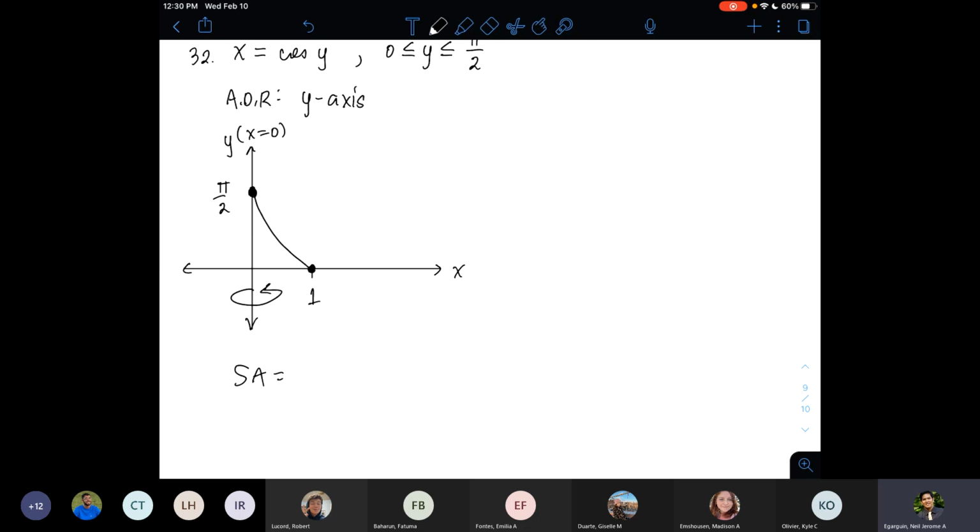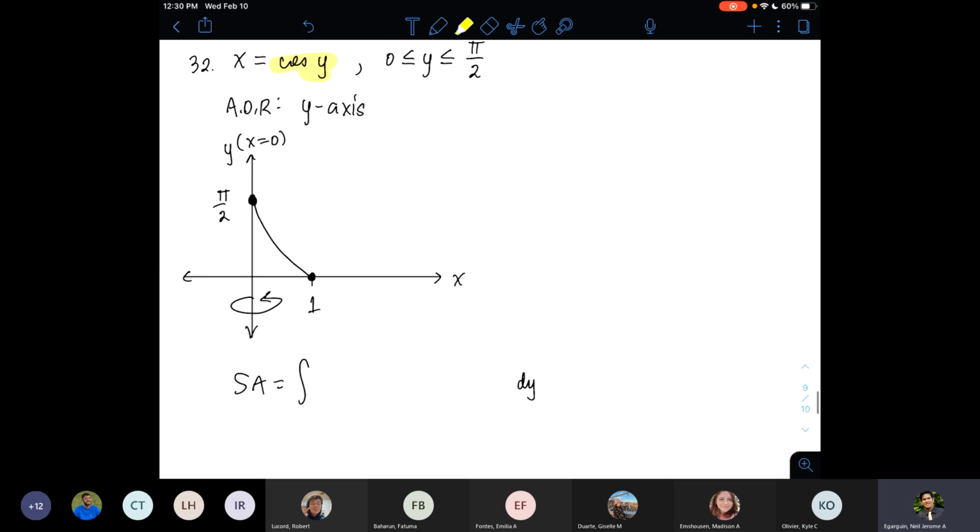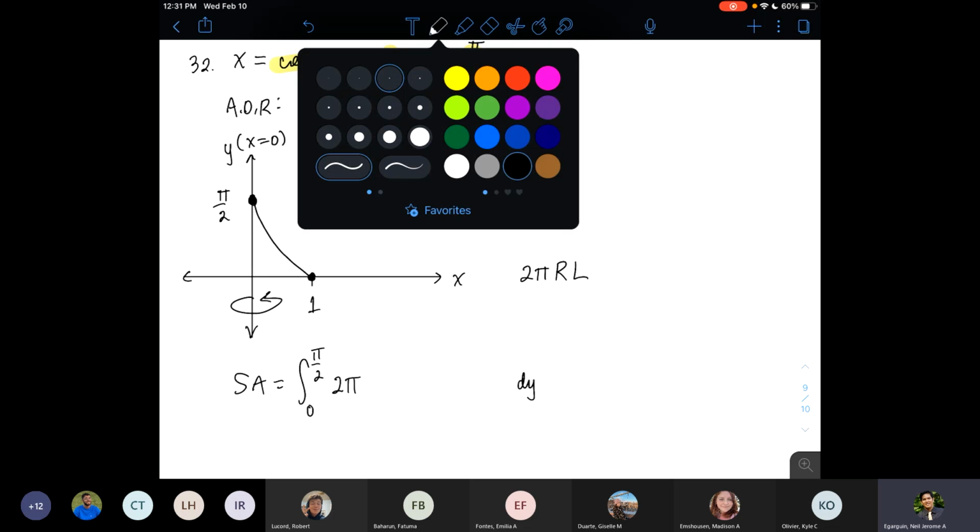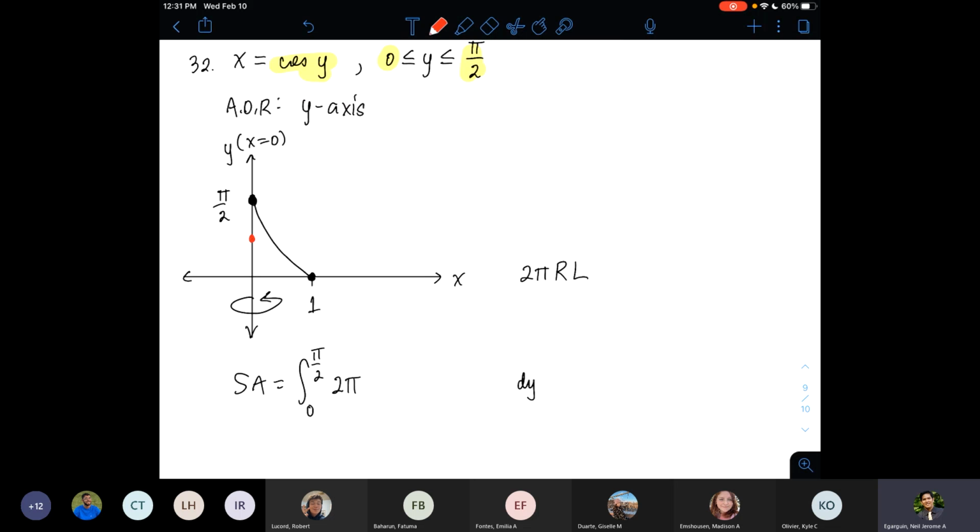So the surface area is an integral, and again, let's take advantage of the fact that the curve is given in terms of the variable y. So here, let's integrate with respect to y. So we need bounds for y, but we already knew that y starts from 0 and ends at pi over 2. Okay. And surface areas always come with a 2 pi. Remember, 2 pi radius length. Now the radius again is the distance from the axis of revolution to the curve.